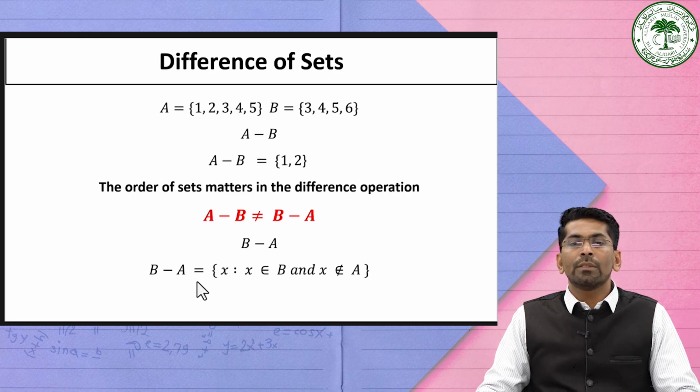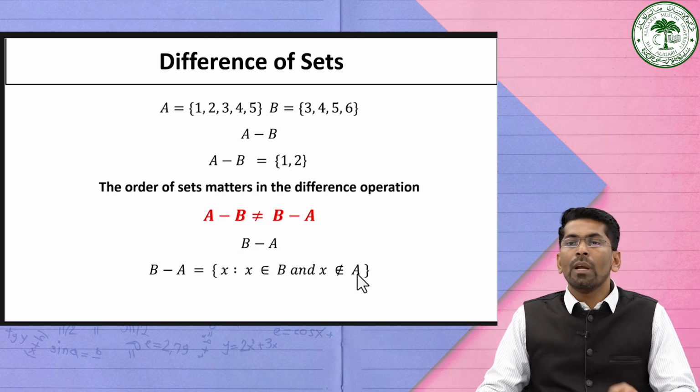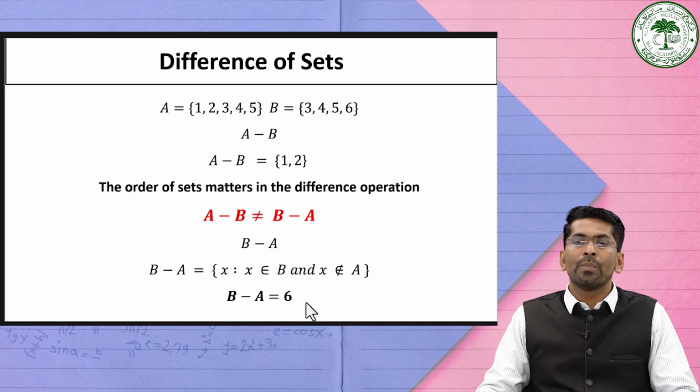It is those elements of X which are in B but not in set A. So 3, 4, 5 are also in set A, therefore B minus A is only {6}. So B minus A represents the element 6, which is in set B but not in set A.